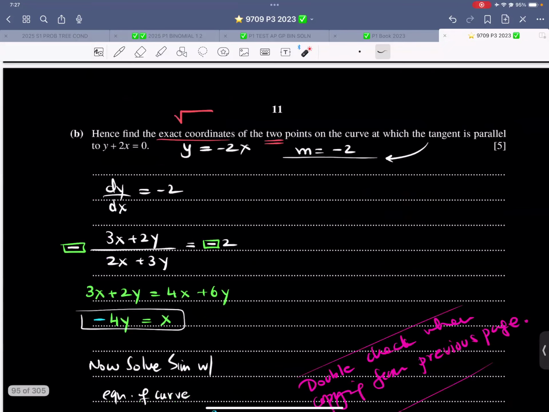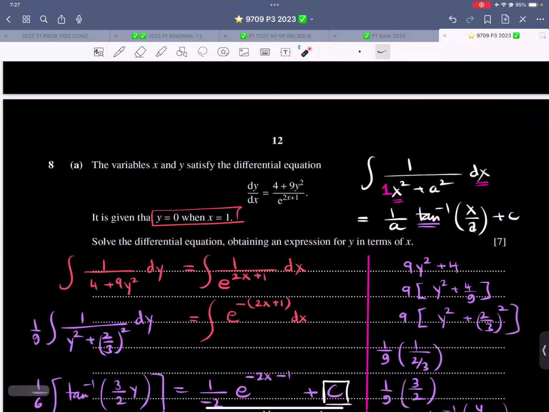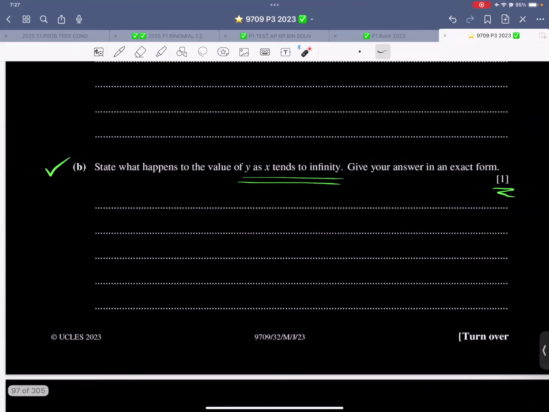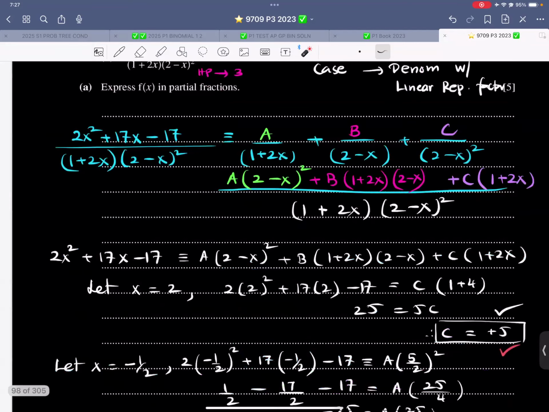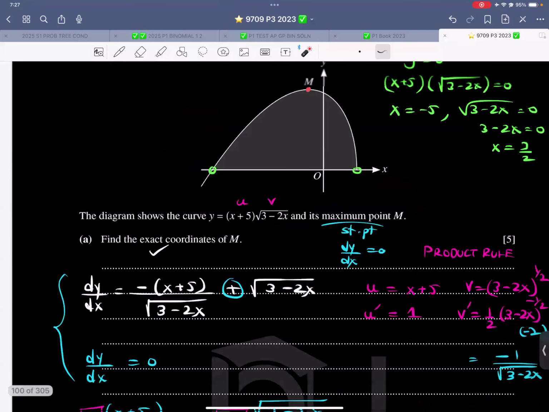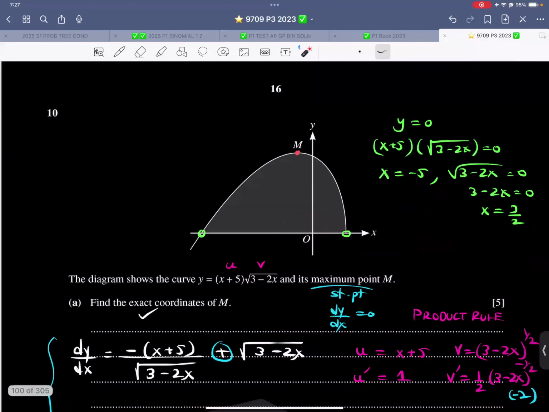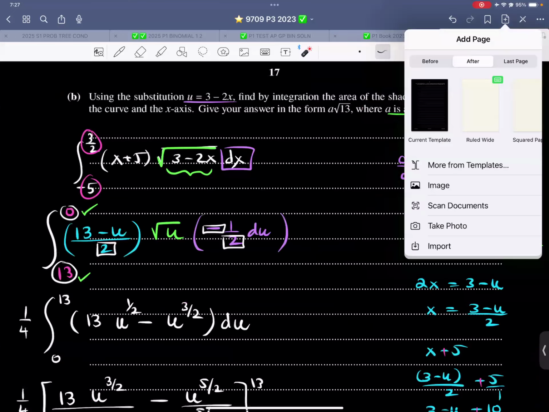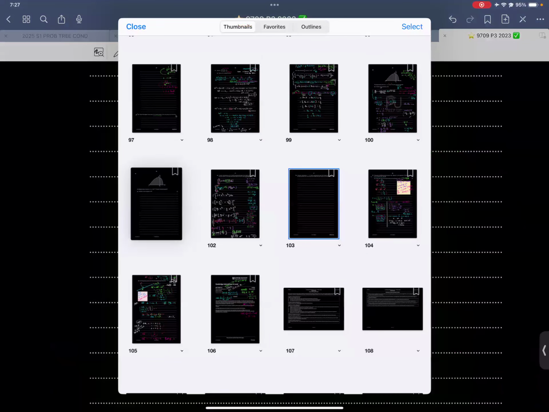Implicit differentiation again. The same kind of question. Now, this is a good one. Very nice question. Let me add a page. Let me do the adjustment.